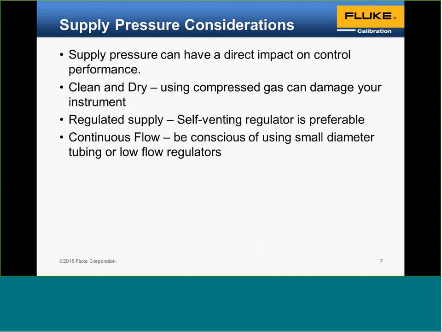The flow of gas going to your controller is going to limit the flow of gas coming out of your controller. That's going to increase your time to set point. There are issues there. So be conscious of using small diameter tubing or low flow regulators going into the supply of your instrument.